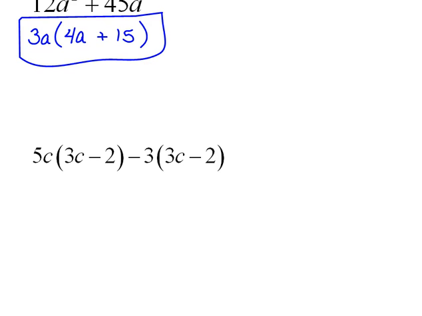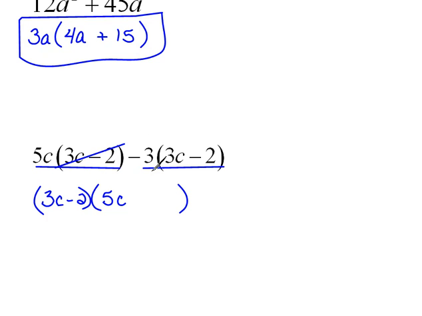Now, we do have a slightly different situation when we see something like this, but it is the same. It just looks different. Here again, we have two terms. So what do they have in common? Well, I see a (3c minus 2) in both of those. If I were to pull that out of this first term, we'd have a 5c left.